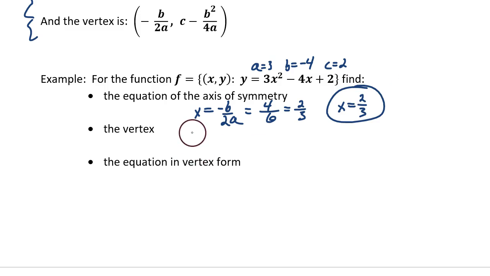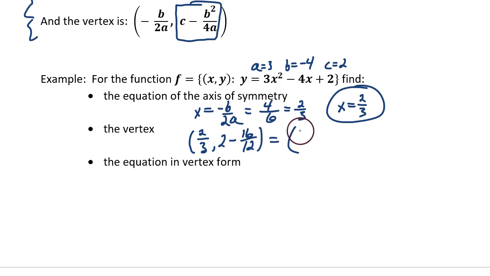Let's find the vertex. The x-coordinate of the vertex we just figured out is 2/3. To find the y-coordinate of the vertex, we're going to use c minus b squared over 4a. So that's 2 minus b squared, which is 16, over 4 times a, which is 12. And we can reduce this.